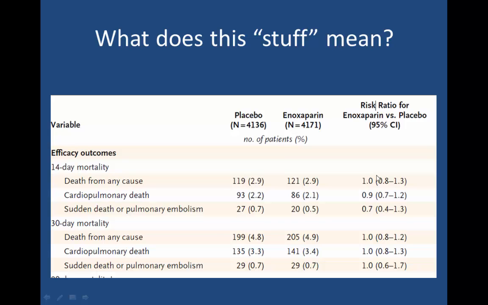How far away is 0.8 from 1? I take 1 minus 0.8 and it tells me it's 0.2. So my risk was 0.2% lower, or if I take 1 minus 1.3, 0.3% higher that I would have death from any cause if I was in the enoxaparin group. All right.